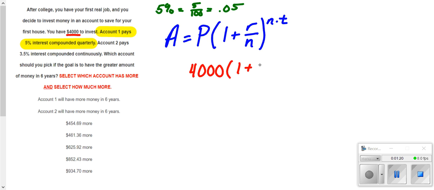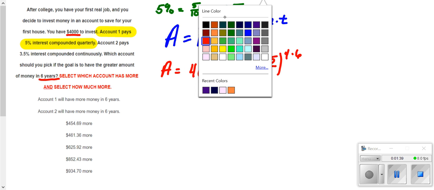So in place of r, I'm going to write 0.05. It says interest is compounded quarterly, which means 4 times a year. So this is also a 4 up here. And then it mentions later in the question that this is a 6-year time frame. So I'm going to put a 6 right there.